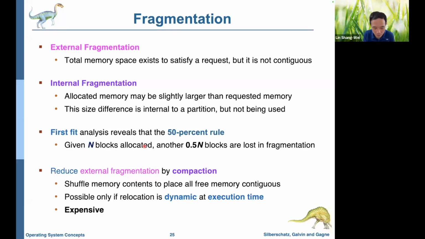For contiguous allocation, we will have external fragmentation, meaning that the total space is sufficient, but it is not contiguous, so you cannot allocate the space to any process. How do we solve this problem? As I mentioned previously in file systems, you need to do compaction. You need to move blocks here and there.